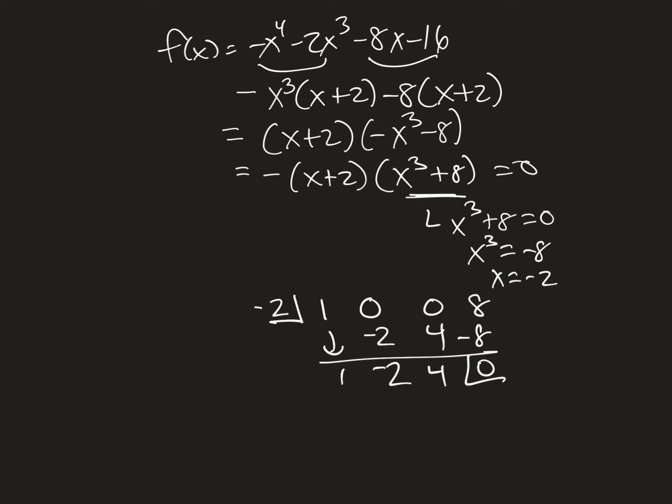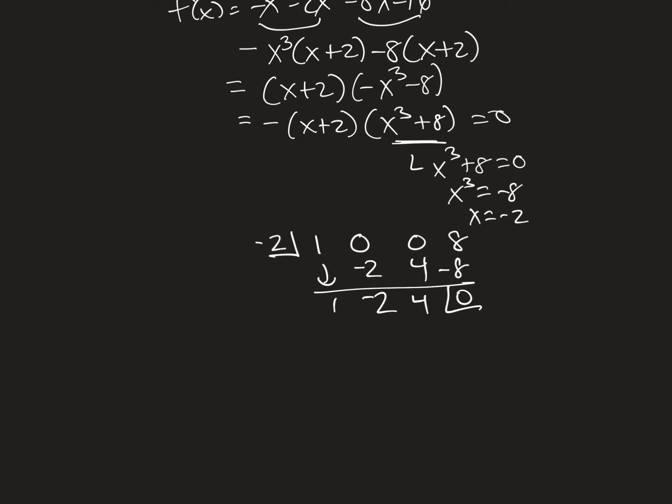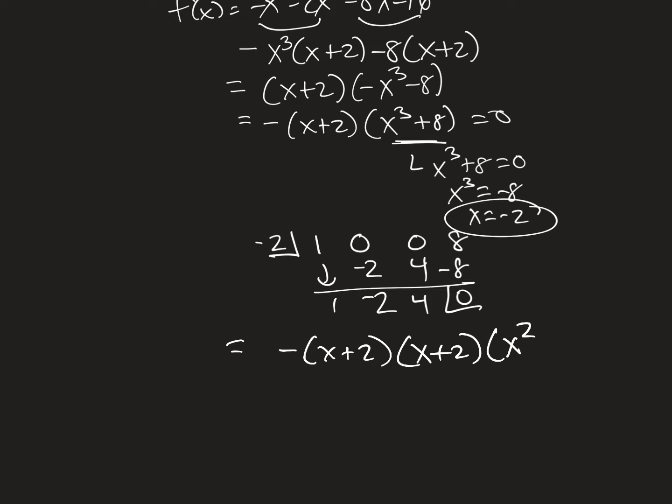And as I already know, the remainder is going to be 0. So this polynomial is now negative x plus 2, and then we knew negative 2 was a root again, so I've got another x plus 2. And I've got the quadratic that was left over when I synthetically divide: x squared minus 2x plus 4.